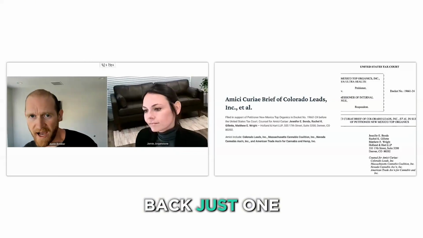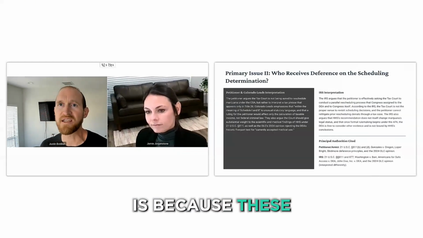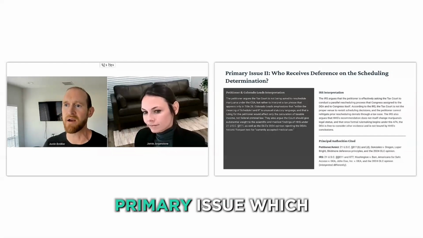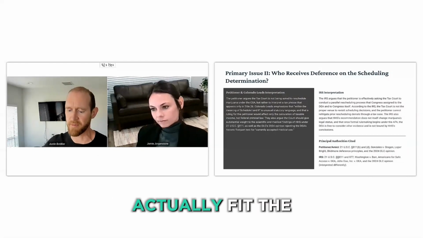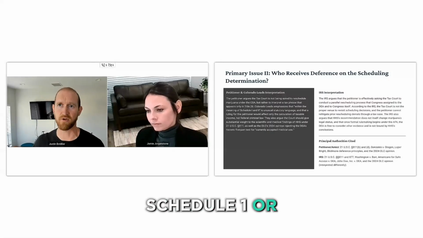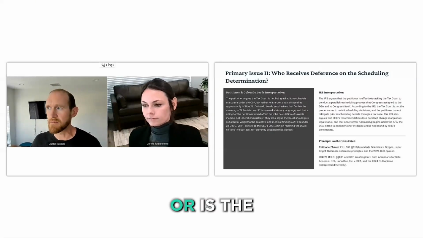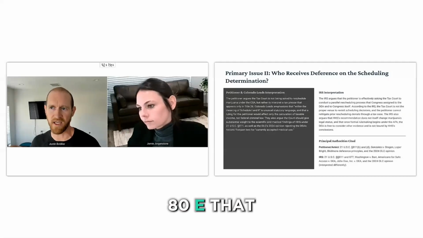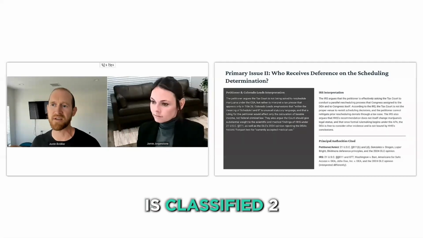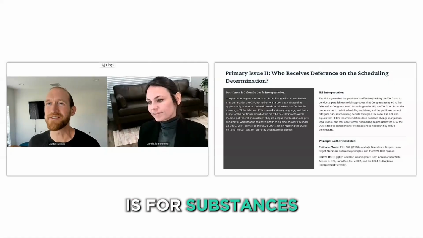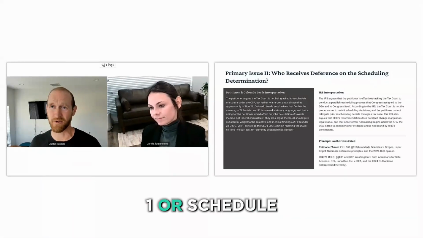Now going back just one more, because these two are so linked. We've got the primary issue, which is, does cannabis actually fit the meaning of a Schedule 1 or Schedule 2 substance? Or is the interpretation of 280E that cannabis is classified? 280E is for substances that are classified as a Schedule 1 or Schedule 2 substance.